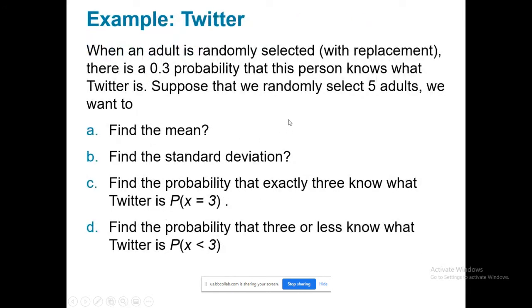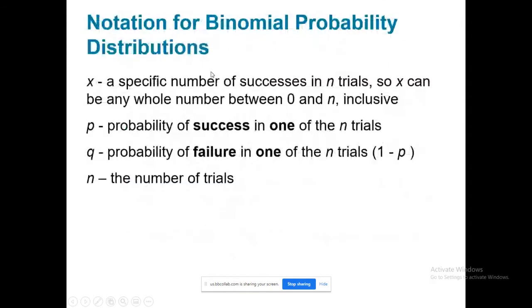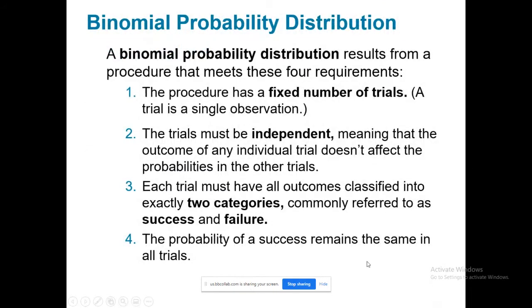Right. So what are the outcomes in our experiment? Well, there's 2 outcomes. The person either knows what Twitter is, or the person does not know what Twitter is. All right, so there's only 2 outcomes. And then lastly, the probability of success remains the same in all trials.